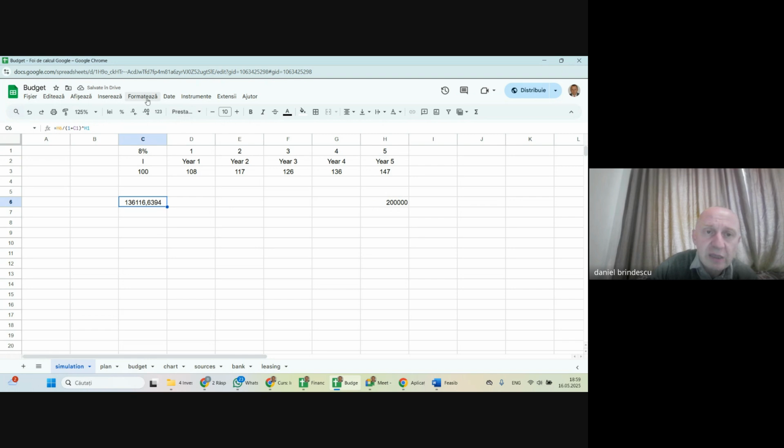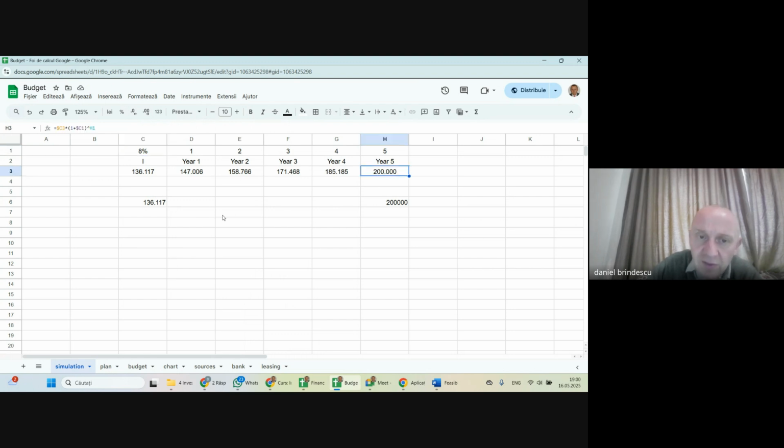So I would pay today 136, I believe. Yes, 136,000. And by doing so, look, if I would pay today 136,000 at a yearly return of 8%, in 5 years I would have 200,000.